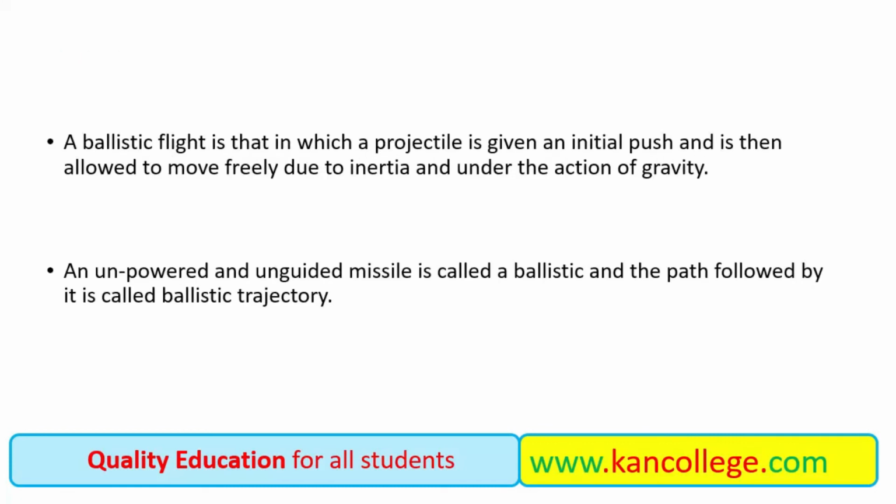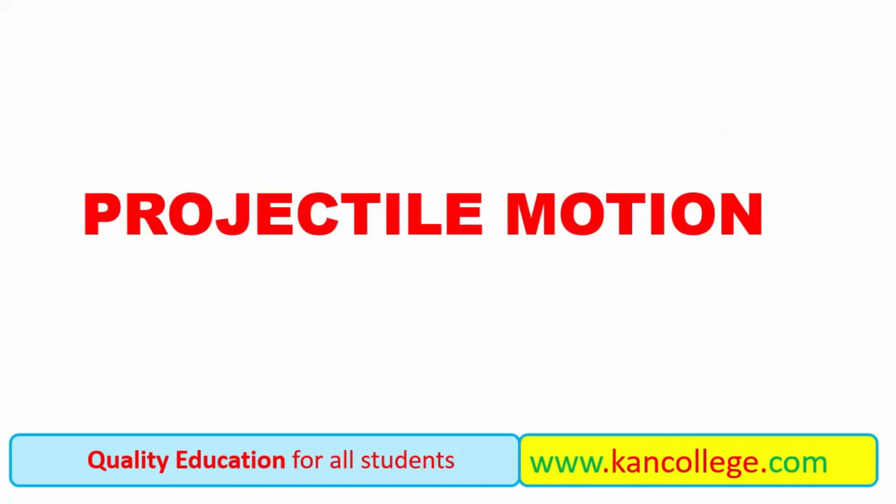Number 3, a ballistic flight is one in which a projectile is given an initial push and is then allowed to move freely due to inertia and under the action of gravity. An unpowered and unguided missile is called ballistic, and the path followed by it is called the ballistic trajectory.